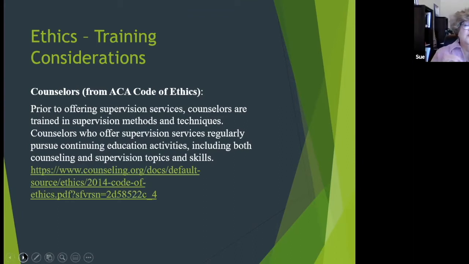So with counselors, the American Counseling Association Code of Ethics doesn't specifically lay out exactly what the training should be, but it does say that counselors should be trained in supervision and pursue continuing education in clinical supervision. So for those of you who are counselors out there, something to be aware of.